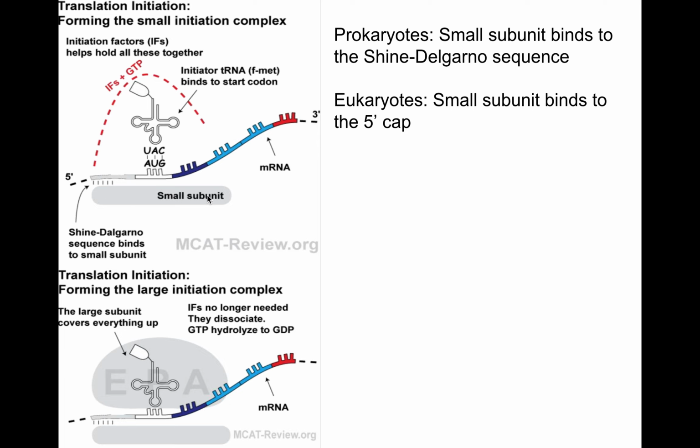So what the small subunit is actually recognizing in eukaryotes is the 5' cap. Then it'll associate with the initiator tRNA, which is just methionine, not F-methionine. It will then scan down the RNA transcript until it hits the very first AUG. Then the large subunit will come down, and then translation is officially initiated.